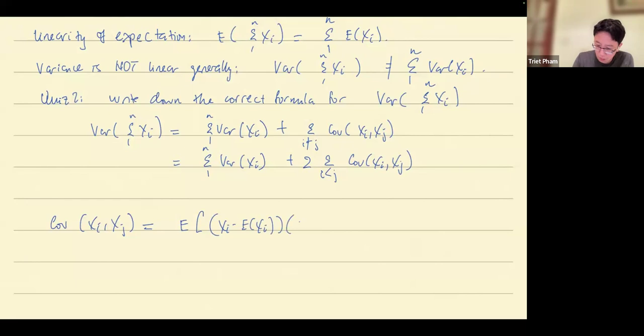It's sort of like a cross product, not exactly, but the interaction, the cross between xi and xj, normalized using the expectation. That's the conceptual definition.